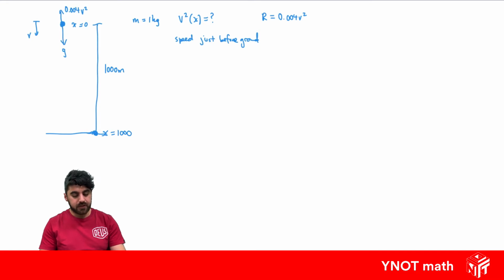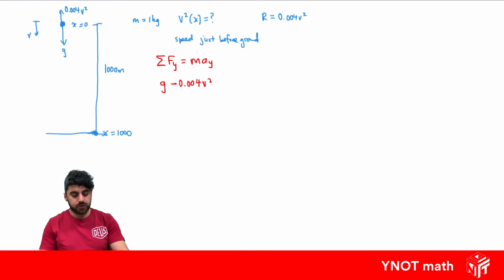Here we can write an expression for the sum of the forces in the y direction. The sum of the forces in the y direction is going to equal mass times acceleration in the y direction. We have two forces. Remember, downwards is positive, so our gravity force is going to be positive, and our resistance force is going to be negative, so we get minus 0.004 v squared.